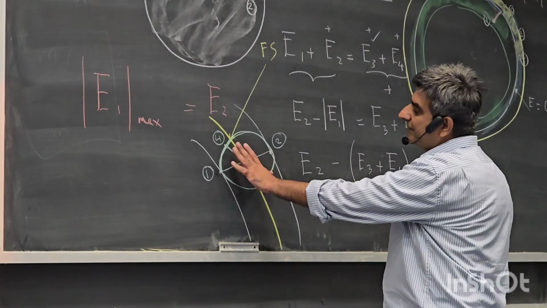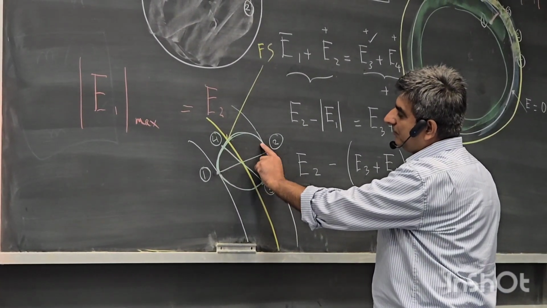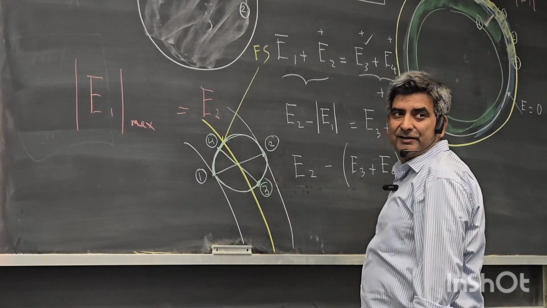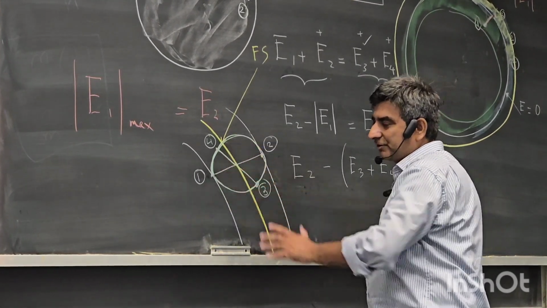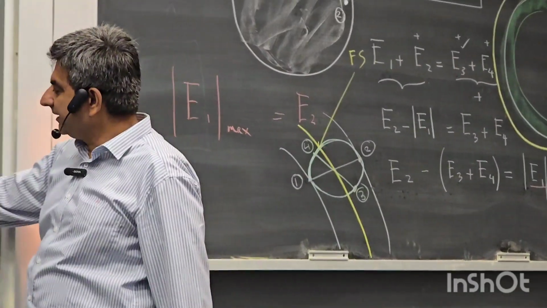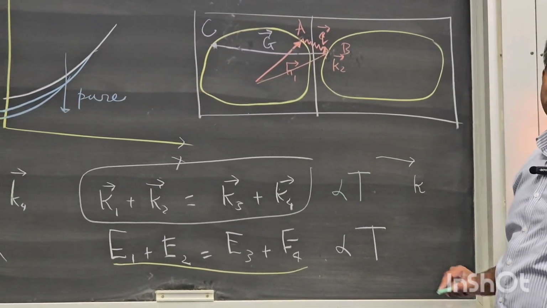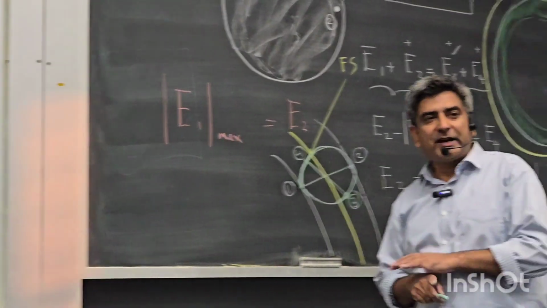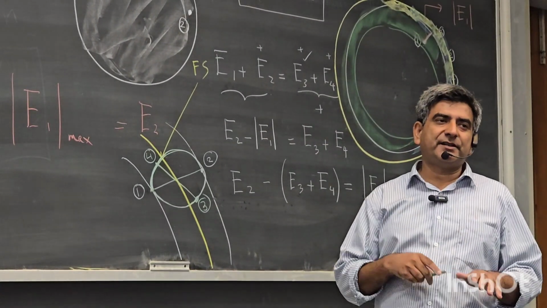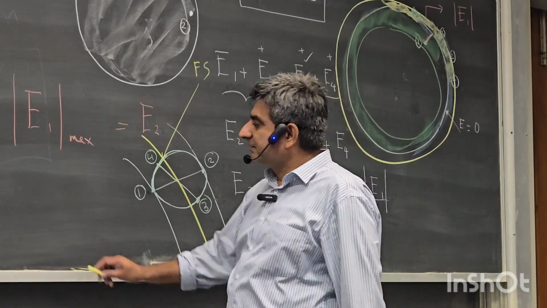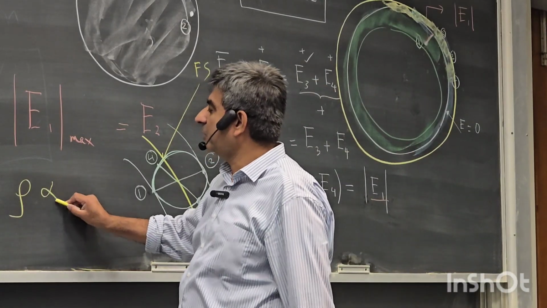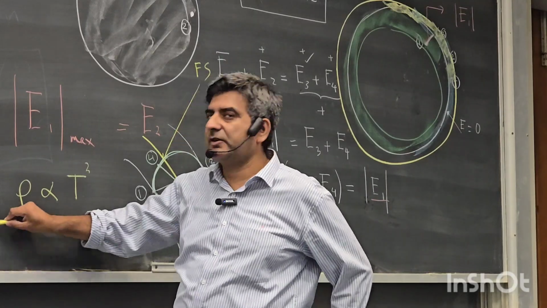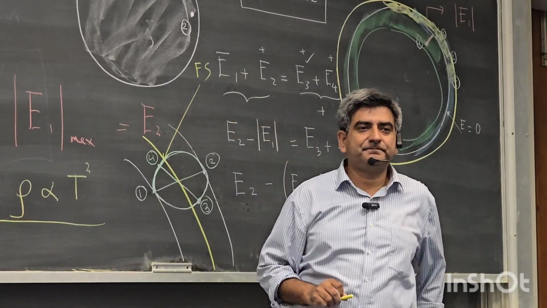So K3 and K4 have to lie in this regime as well. So everything is locked. This gives a factor of T and this gives a factor of T. So both of them together, if electron scattering were at play, at low temperatures, the resistivity will depend upon the square of temperature. And this is what is actually observed for most metals.